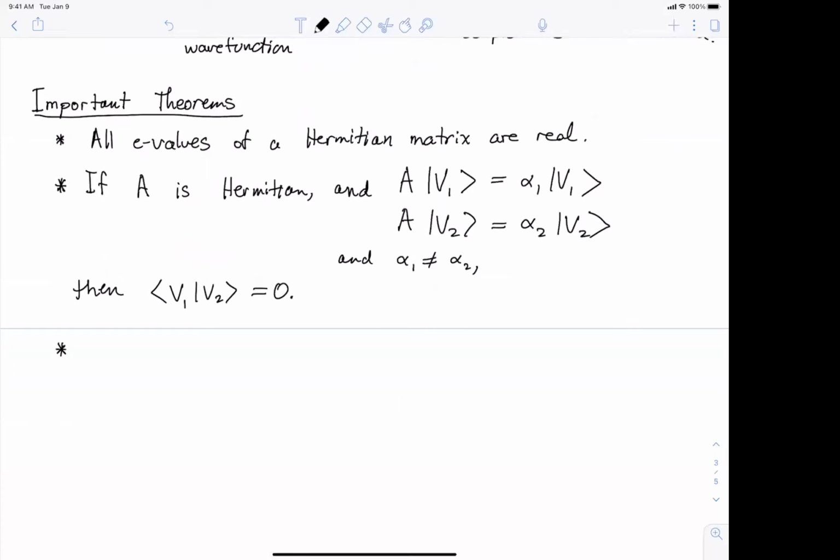Another useful thing is, let's say you have a bunch of observables, A, B, and C, etc. Who knows however many there might be. But let's say they all commute. Because we need 2 words for every concept, this is also called compatible. That's an exactly equivalent thing to saying they commute.